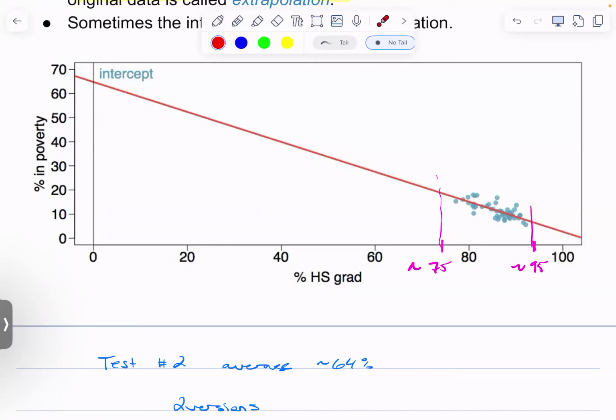And that's not how heights work. We understand that. So we wouldn't use the line to predict outside our growing ages, but we don't always have that built-in knowledge about the data. Most of the time, if we're analyzing data, we don't really know what it is, and it doesn't matter, because the analyses are the same. So it's kind of this faceless thing. So that's why we have to be really careful about extrapolation. Okay.